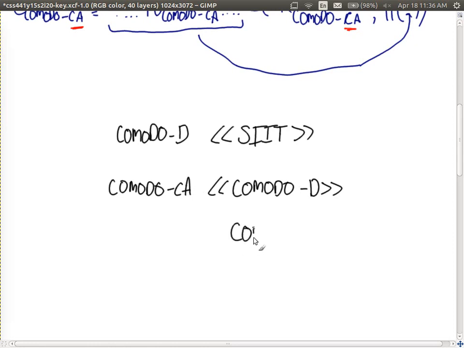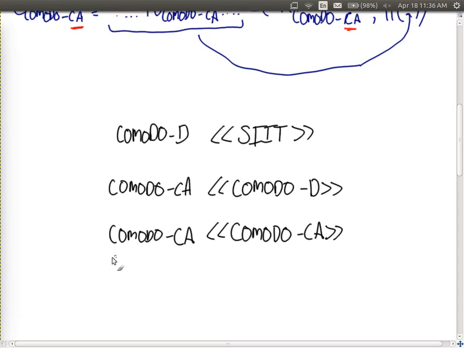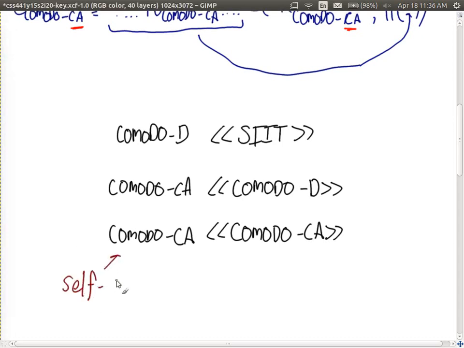And the certificate of Komodo CA was self-signed. Implicitly, my browser trusts the self-signed certificate.